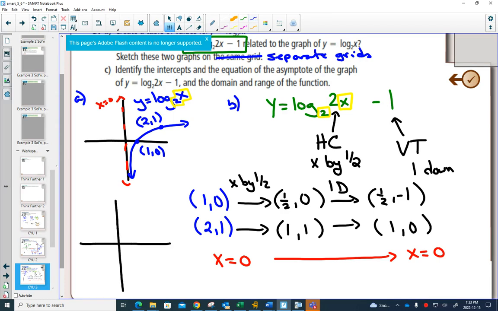So as far as graphing this one, all you're going to do is draw your asymptote, label your points, so we have 1 half comma negative 1 and 1 comma 0.